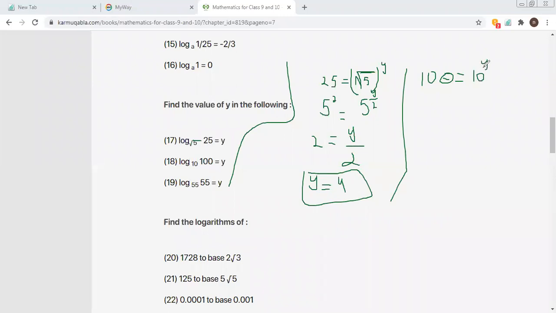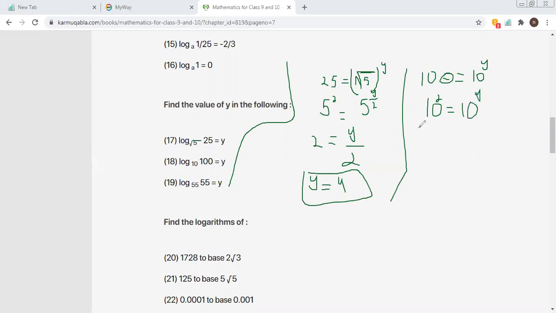Very good. And now 100 is the power of 10. 10 tens are 100. Here you can see the bases are same.